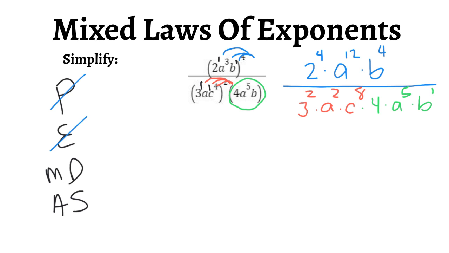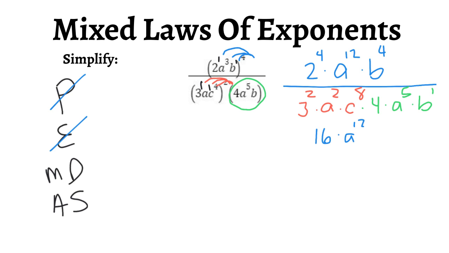Now I want to follow multiplication and division. As I start to multiply, there's nothing on the top that I can combine like terms with, but I can simplify this 2 to the 4th. You can always put this in your calculator, or you can think of it as 2 times 2 times 2 times 2, which is the same as 16. So 2 to the 4th is really just 16.